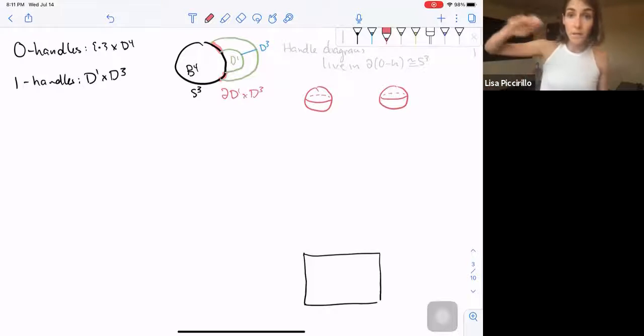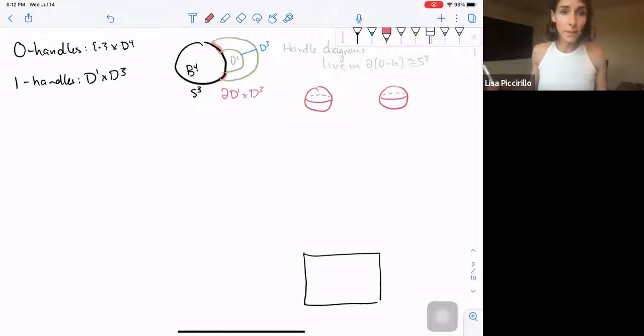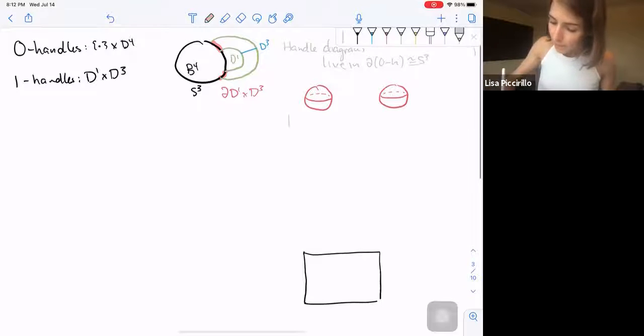We just see in that boundary S3, the feet of the one handle, like this. And what we're thinking when we see this is, well, what's in the picture? There is a tube to the outside, which runs between these two B3s.